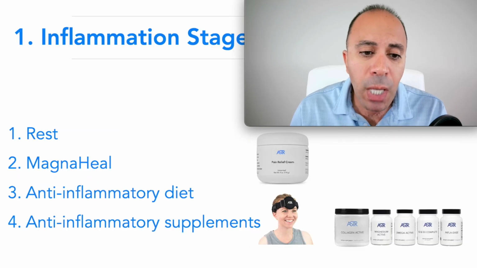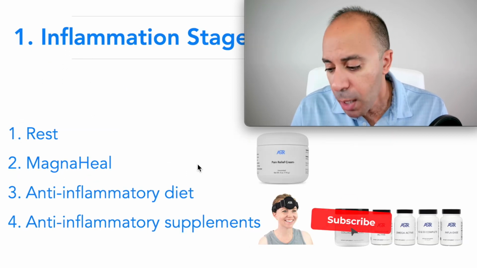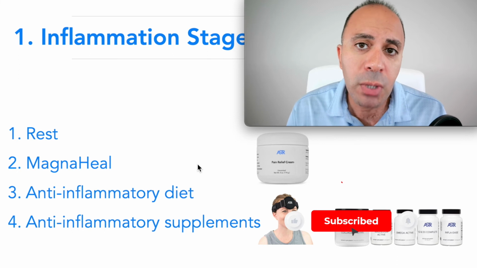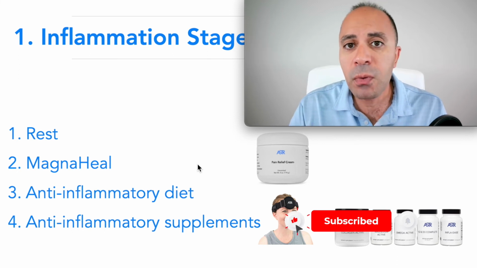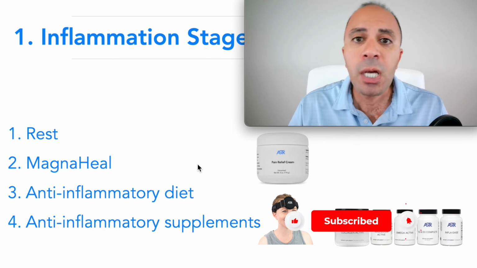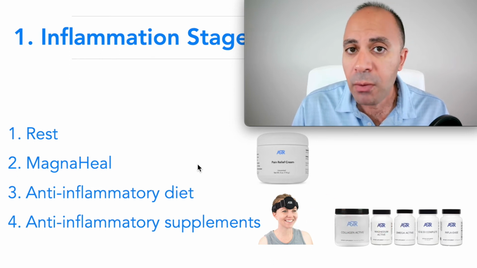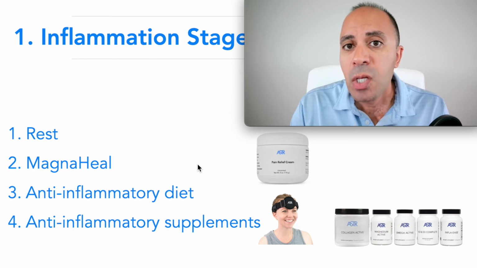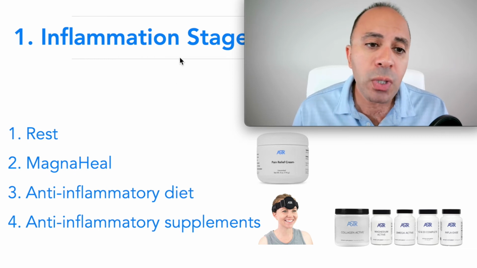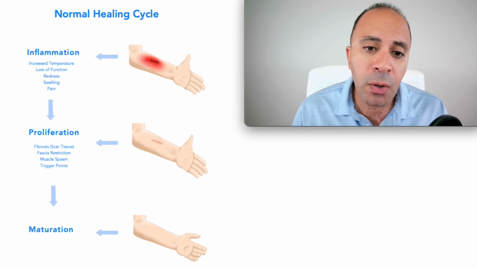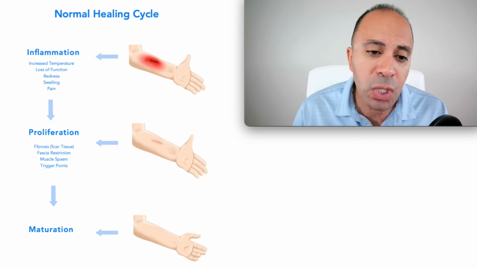At the same time, I like to put my patients on an anti-inflammatory diet, because certain foods like refined carbs and refined sugar cause internal inflammation in the body for 5 hours after eating the meal. That will slow down the normal healing cycle going from inflammation to proliferation to maturation.